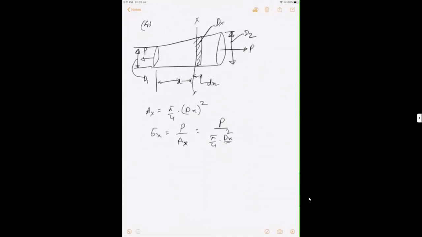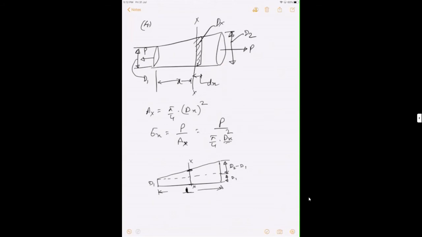So let's suppose I am taking this as my D1 section. I'm seeing the projection. This is my D2. So this is D1, this is D2. Let's say this is for length L. This distance is D2 minus D1. Now at section X, I want to calculate this ordinate.